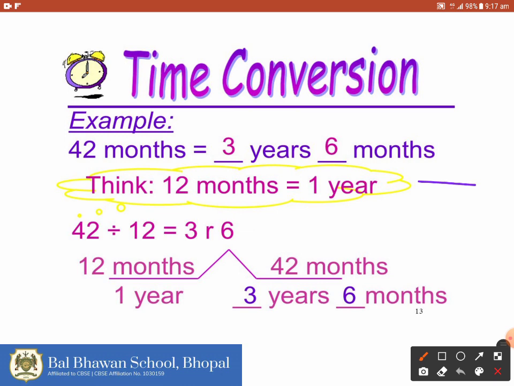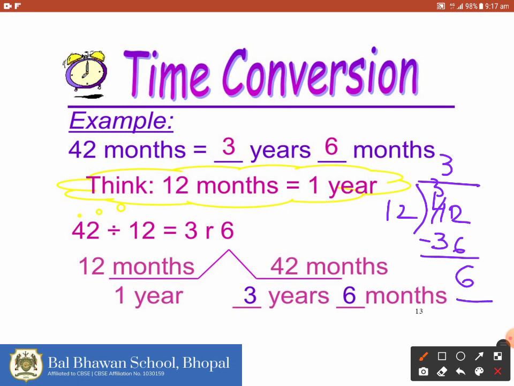So let us divide 42 by 12. For this, we are going to read the table of 12. 12 threes are 36. Now we will subtract. So you will get remainder as you are going to borrow from 4 and 12 minus 6 will give you 6.